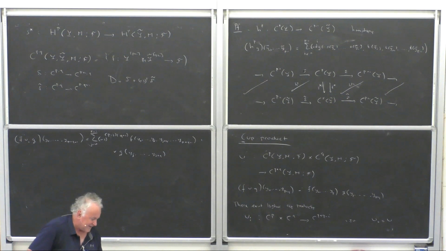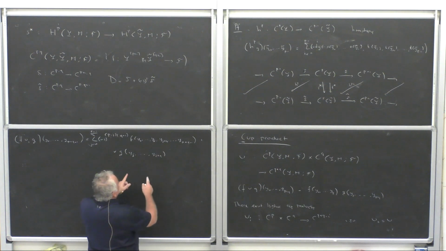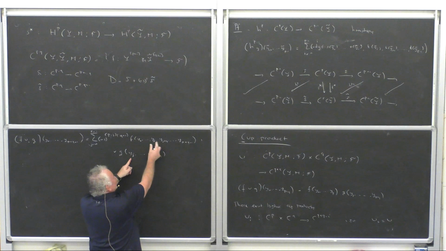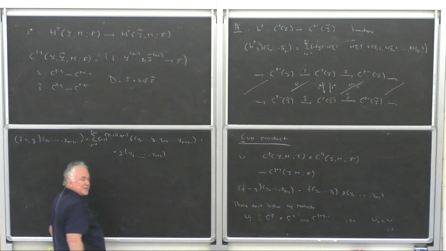So I take out strings of length q and identify the first and the last variable of the string that I've taken out, and here's the stuff that was taken out. So it's not an obvious formula.